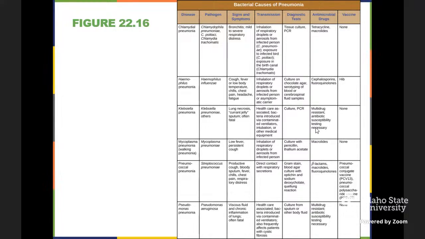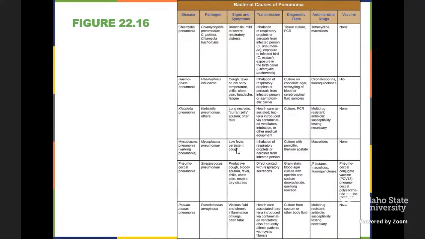It is just naturally multi-drug resistant, so antibiotic therapy is super difficult with these guys, all right? It causes lung necrosis, currant jelly sputum, so as you are hacking up that sputum, it's tinged with red speckles. The destroyed red cells, as it's breaking down the lung tissue, are hacked up, all right? Crazy.